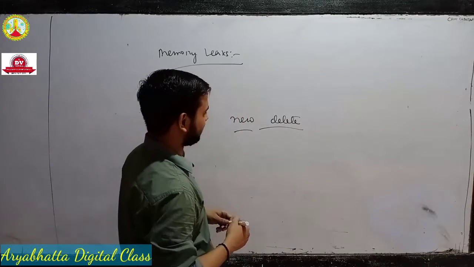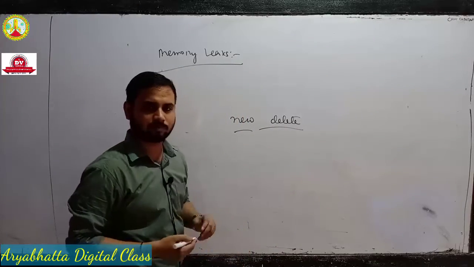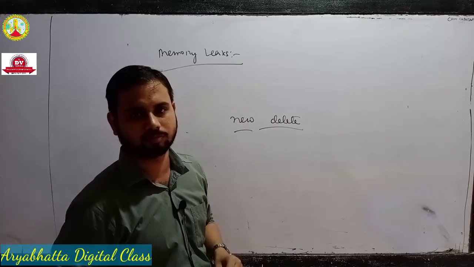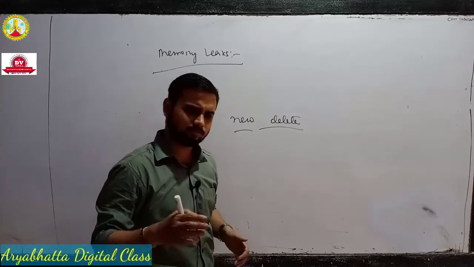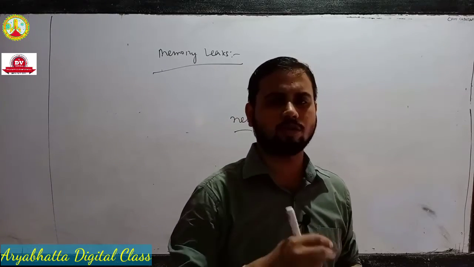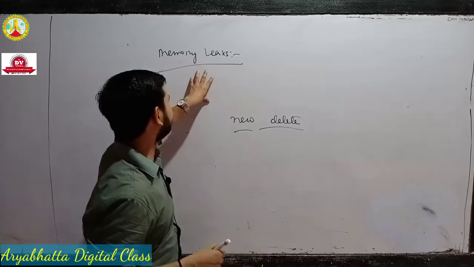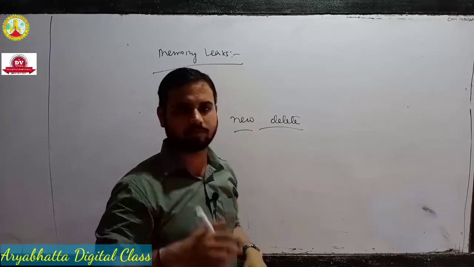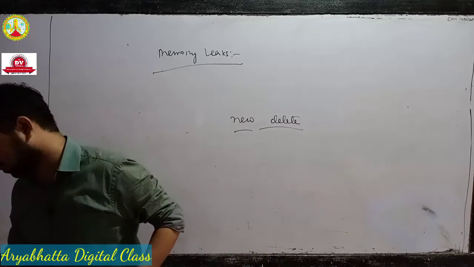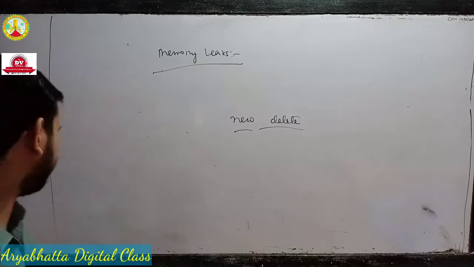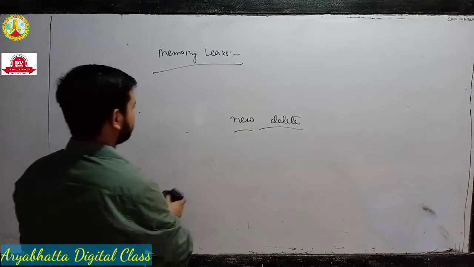If the purpose of the memory is done, then you have to deallocate the memory, the delete concept. But if anyone forgets the delete operation, the deallocation operation, then the memory leaks. This concept comes in at that time. This is the main concept.